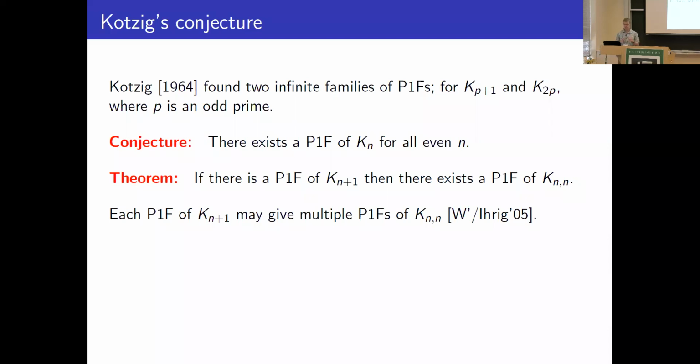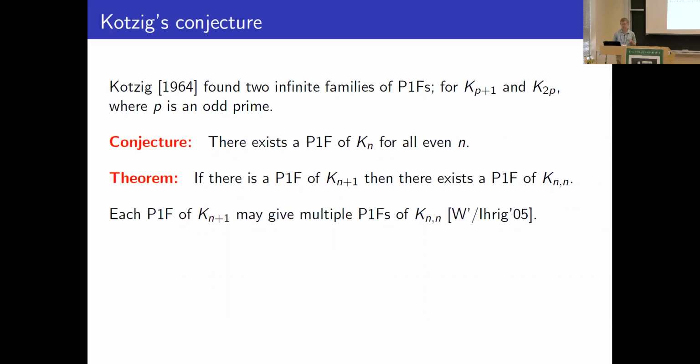It's not a one-to-one relationship, and it's actually a little bit more complicated than that. I refer you to a paper I wrote with Ed Ihrig in 2005 if you want the full details of quite what the relationship is here. But nevertheless, we can go from complete graphs to complete bipartite graphs. And so that was the start of the journey in terms of what Kotzig did.